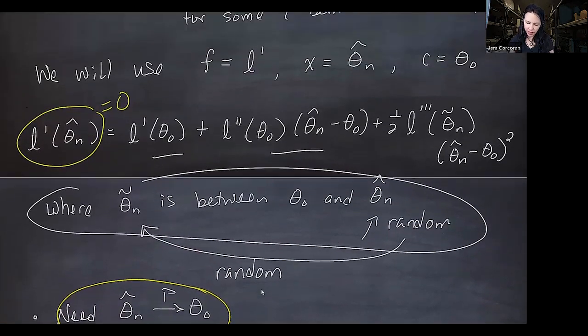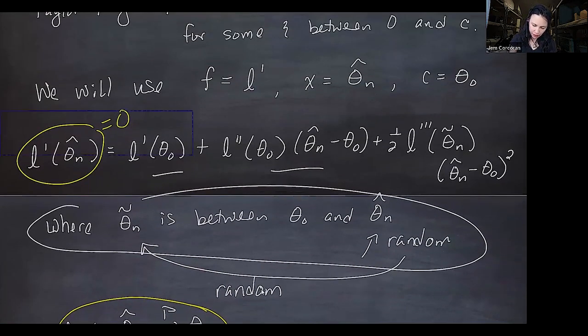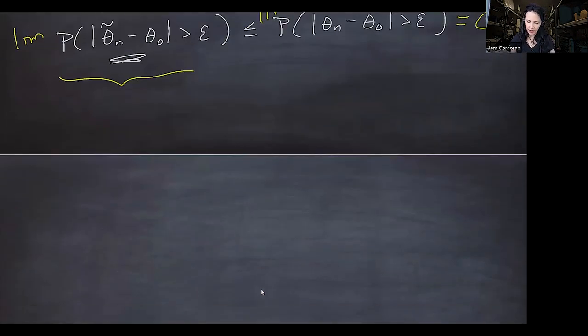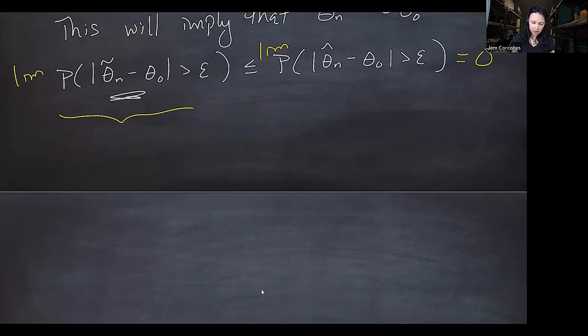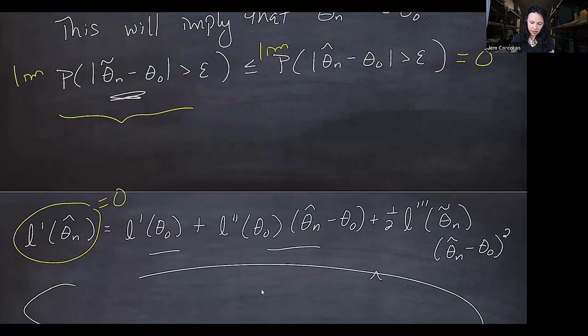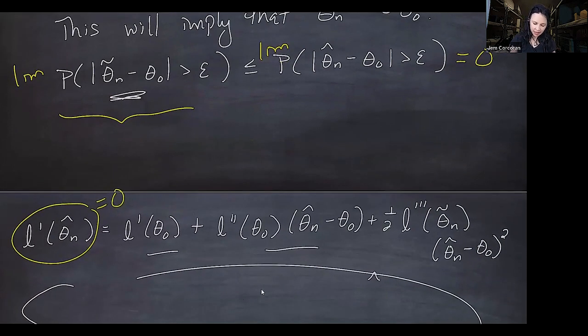Excuse the scroll. I want to go cut and paste my likelihood equation. Okay, here is the likelihood equation. And let's say we've already zeroed out this left-hand side.